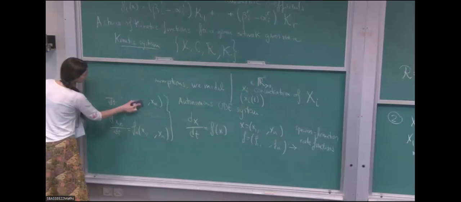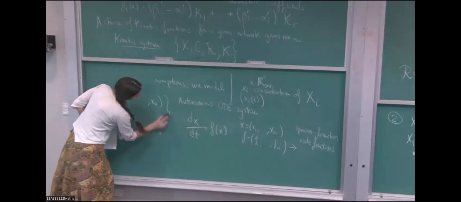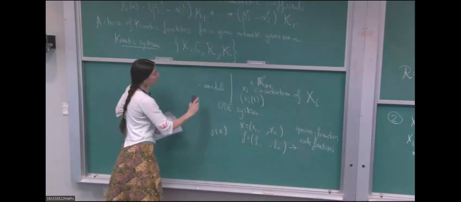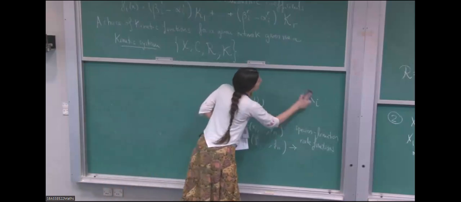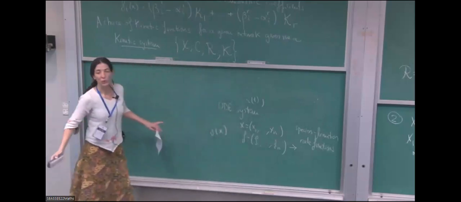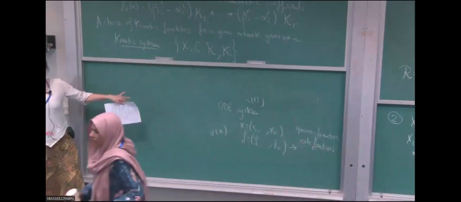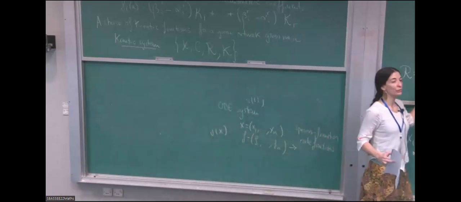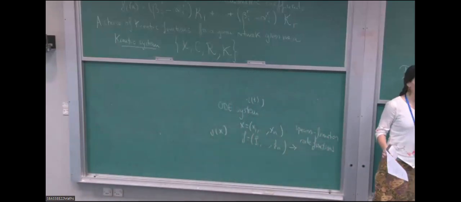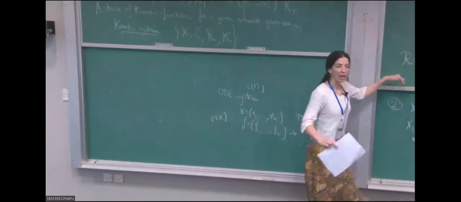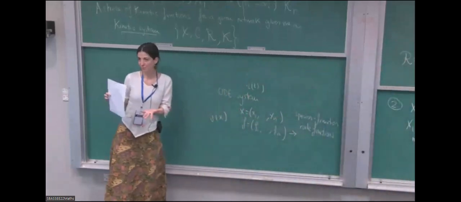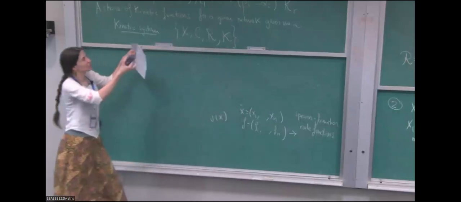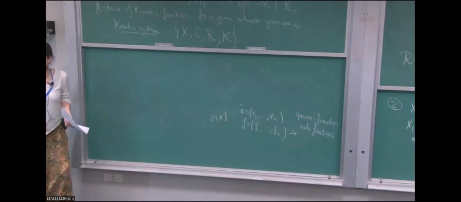And the goal of all of this is, okay, we are not going to solve the ODE system. We are not going to find a solution for the ODE system. But given just the structure of the network, given the complexes, given the reactions, what can we say about the dynamics? Or what can we say for a certain class of kinetics?